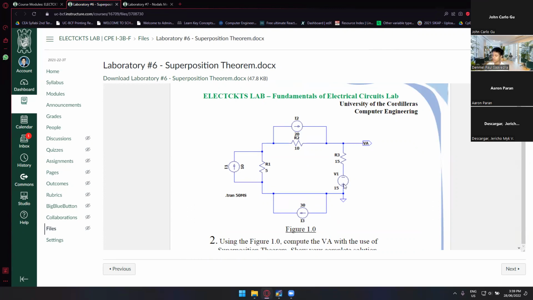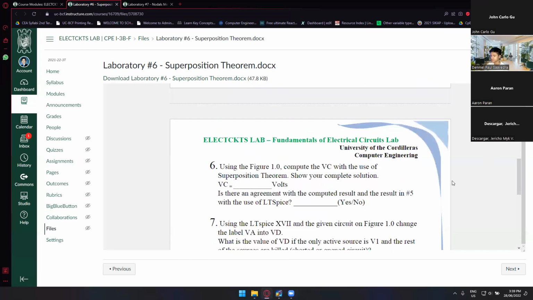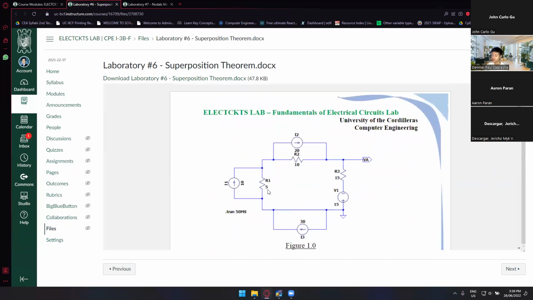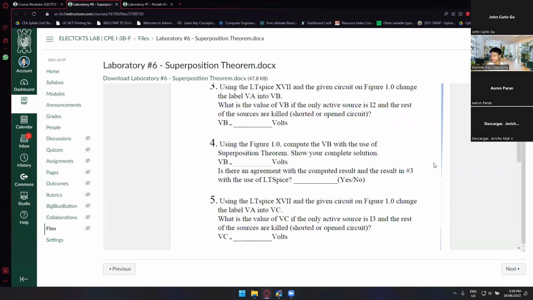We do have a voltage source, and we also have a current source. Just use what you have learned to solve for the voltage on this one. The given is the current and the resistance, so just use Ohm's law and you will get the voltage. You can verify that using manual computation, but of course in LTSpice you can already solve this as it is.